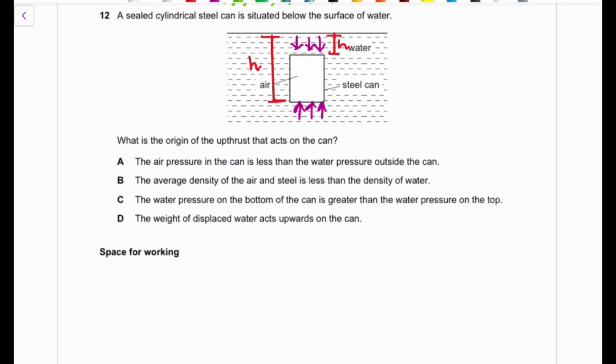So it means that if we have a force at the bottom greater than a force at the top, the force at the bottom is going to push the thing upwards, and the force at the top is going to push it downwards, and there's going to be a fight. But the force at the bottom is bigger, so it's going to win, and it's literally going to move up. So the upthrust that it gains is the force that is due to the differences in pressure. So the answer is going to be C. So one pressure is bigger than the other, and it causes an upthrust force.